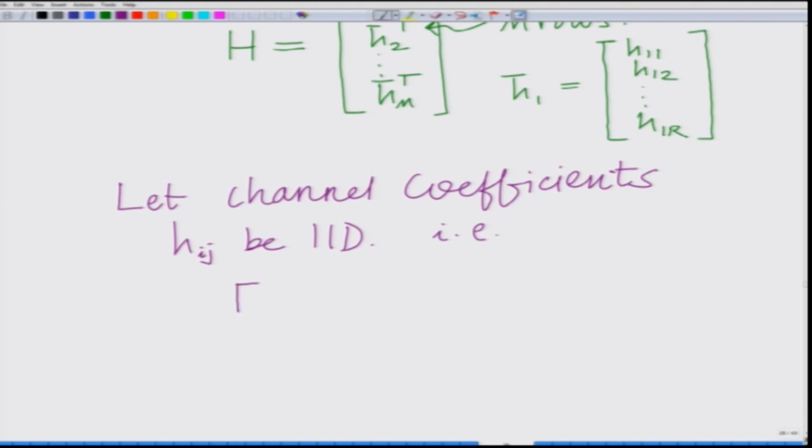Let us first start with the mean and assume zero mean: expected value of Hij equals 0, which basically implies zero mean.